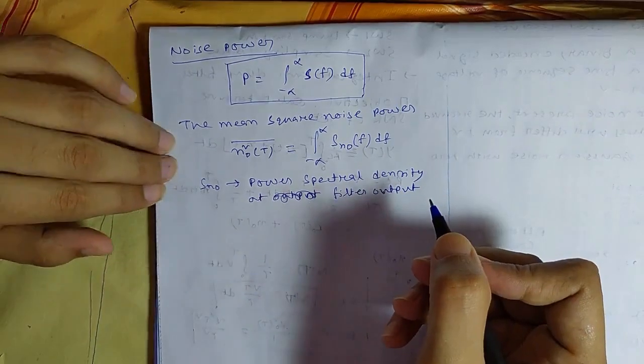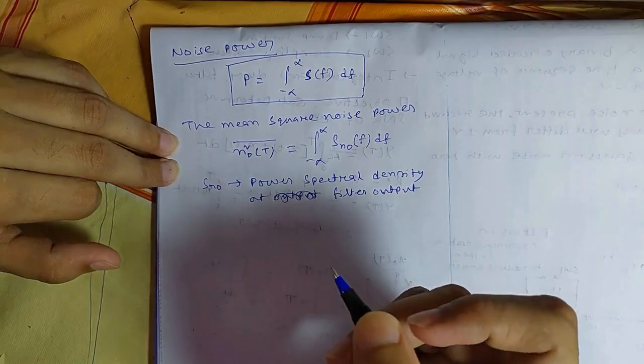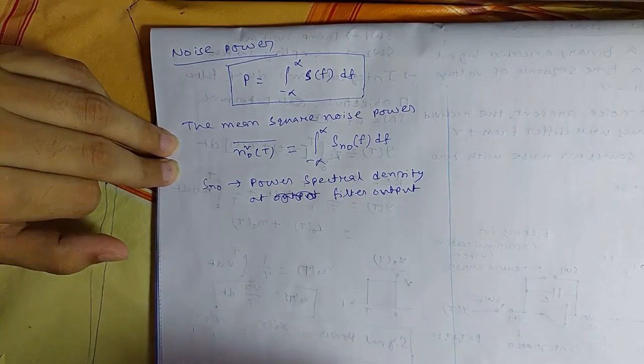Now at the input side of the filter we have some noise, and at the output side of the filter we have a filtered version of the noise.